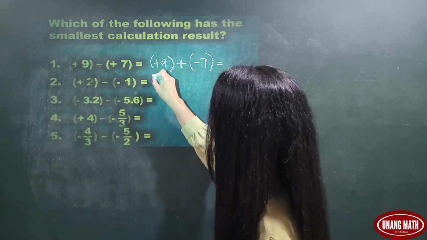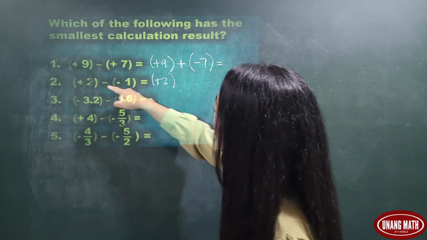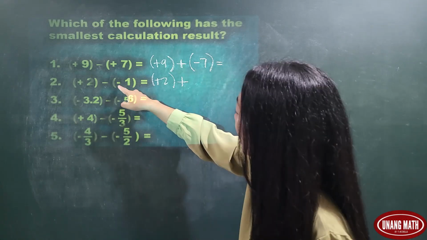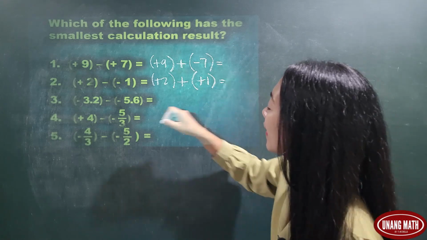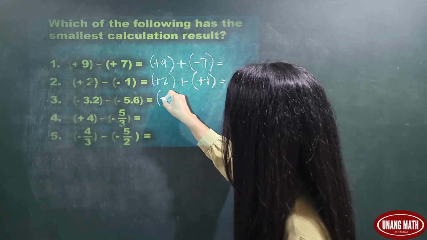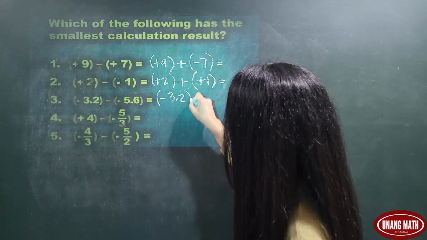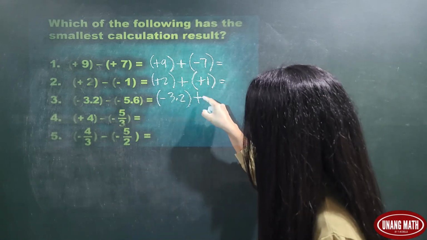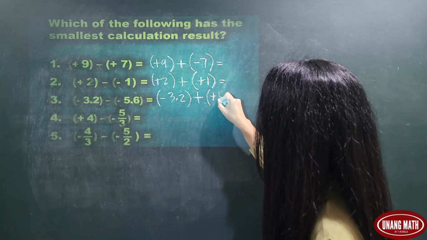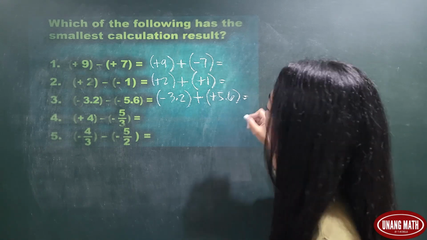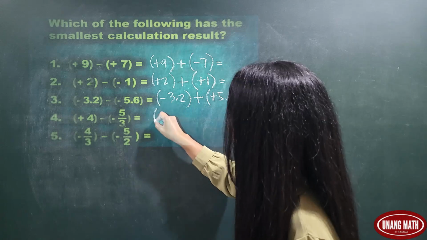How about number 2? Positive 2, minus sign becomes plus sign. Change direction, negative 1 becomes positive 1. Number 3, negative 3.2, minus sign becomes plus sign. Negative 5.6 becomes positive 5.6. How about number 4?